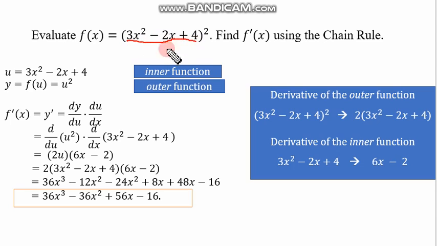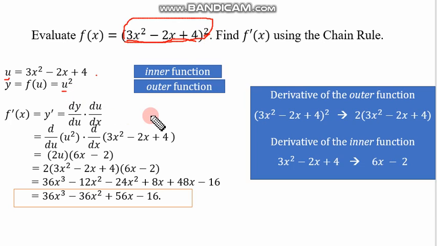We will let u be the inner function, which is 3x squared minus 2x plus 4. The outer function is then u raised to the exponent, so u squared.